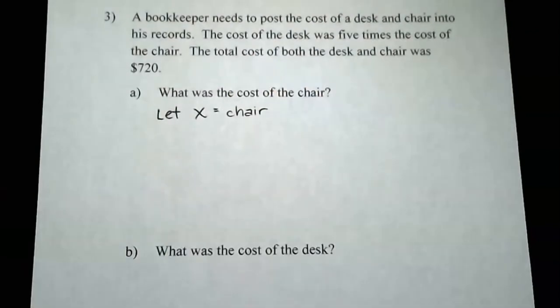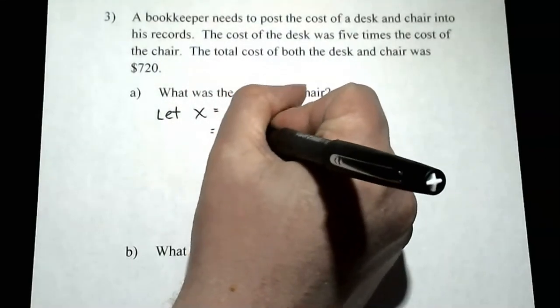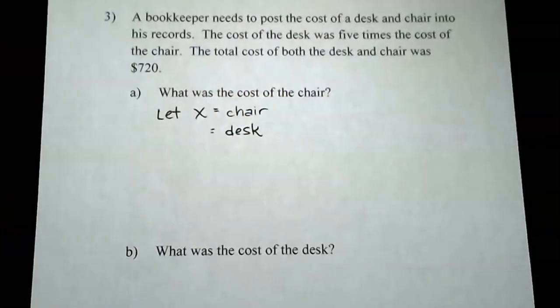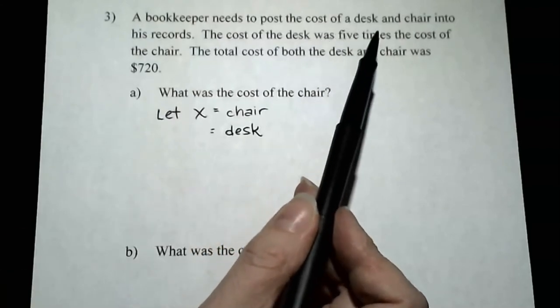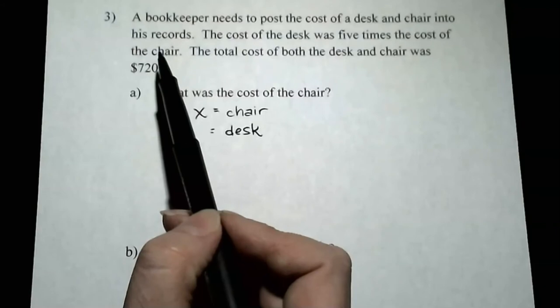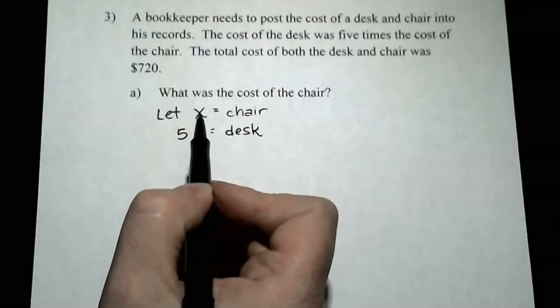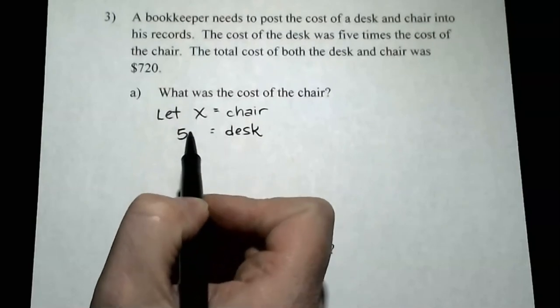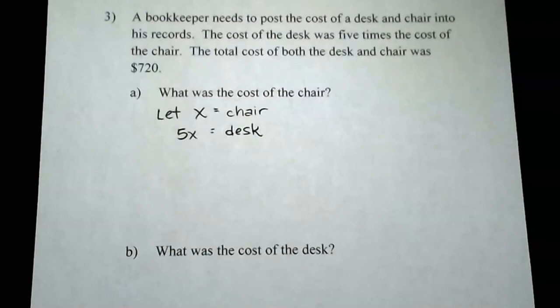So there's my X. Then to write the desk, I'm going to go back and see what they told me. The desk was 5 times the chair. So 5 times the chair. 5 times X. There's my desk. Okay, so I have them both set.